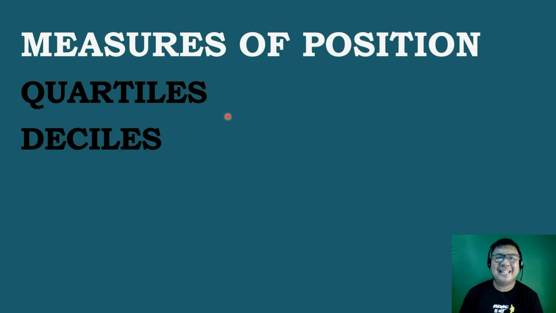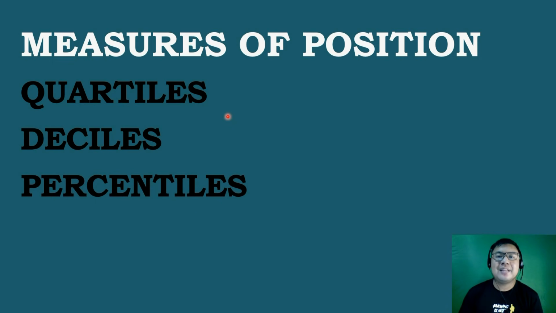Also, we have the deciles, which divide a set of data into 10 equal groups. And the last one is the percentiles, a technique that divides a set of data into 100 equal groups.